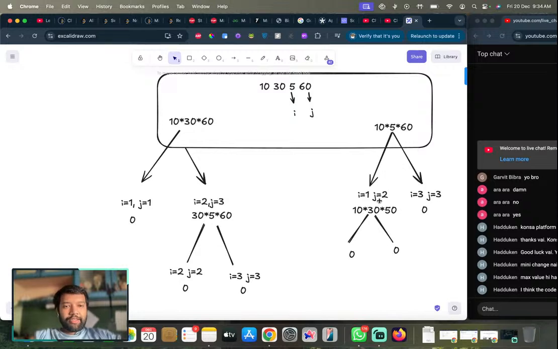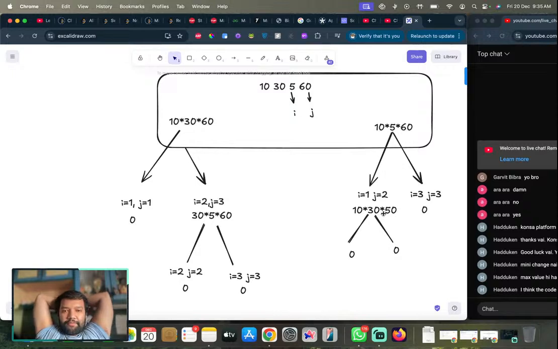So when I am at this, it does a min of both of these and gives us 0, which is weird. So not min of both of these, sorry.